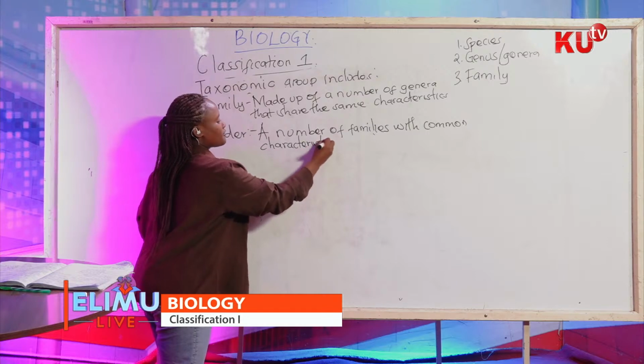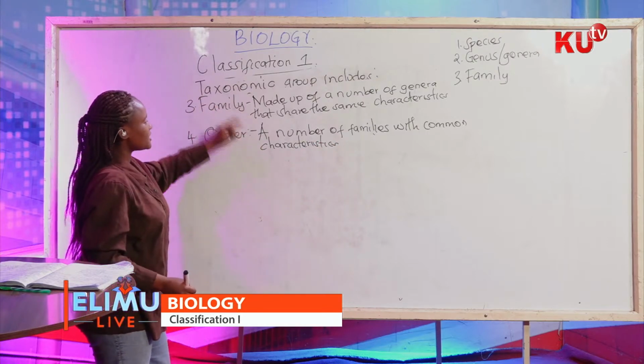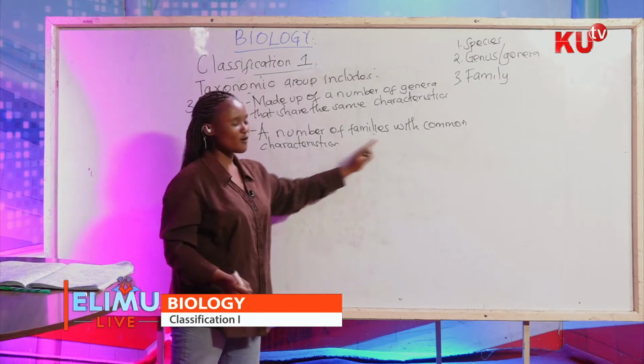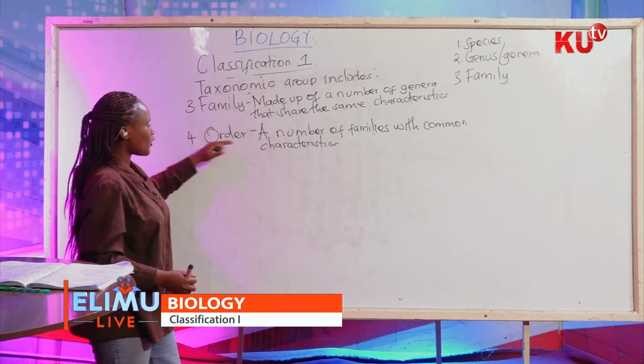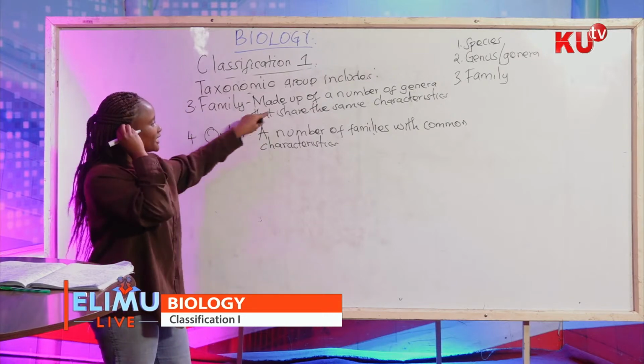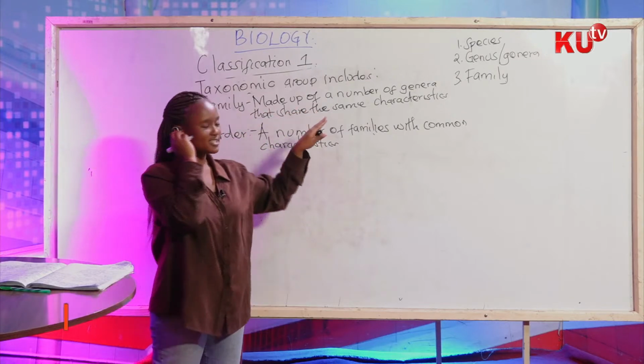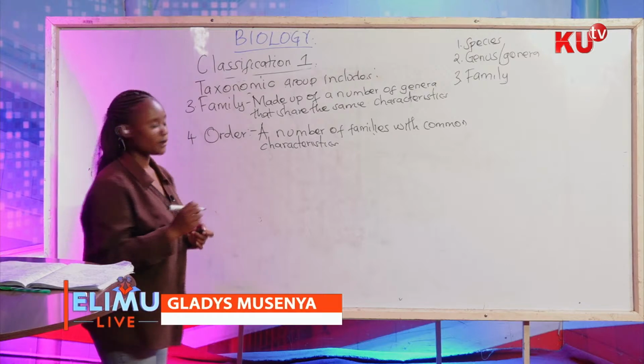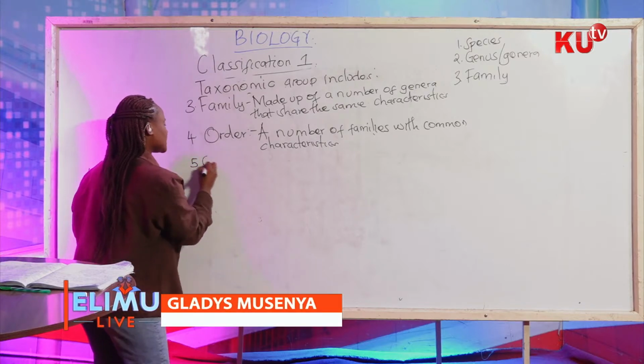So from whatever we talked about, the units all have common characteristics. So order, a number of families with common characteristics, and then family, a number of genera that share the same characteristics. Now we go to our fifth, which is class.